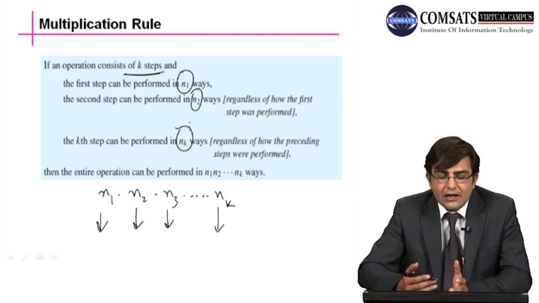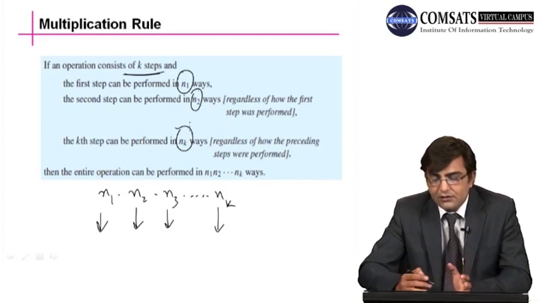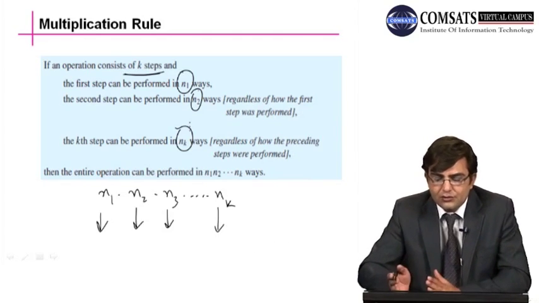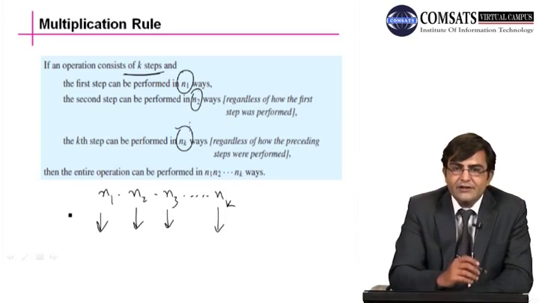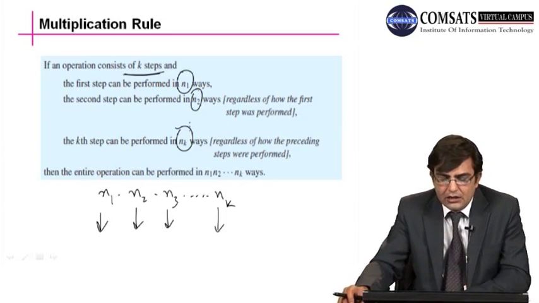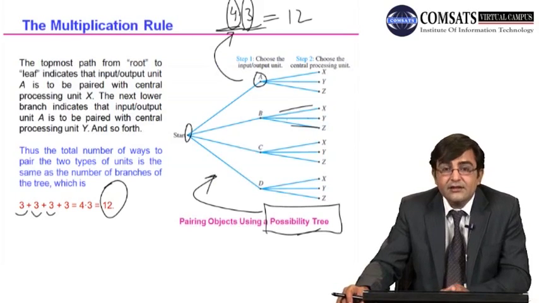How many possibilities are there to perform this operation from starting to the ending? Basically this is the product of all these possibilities, as we had done in this example.